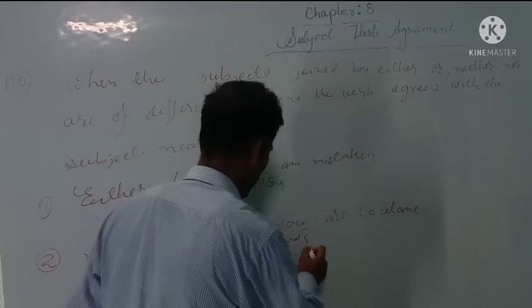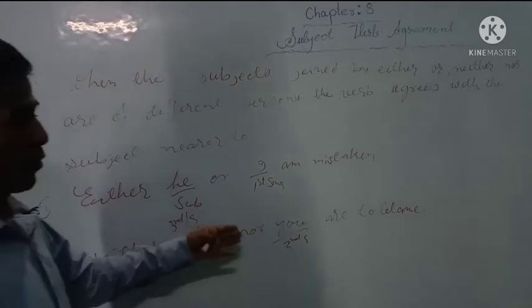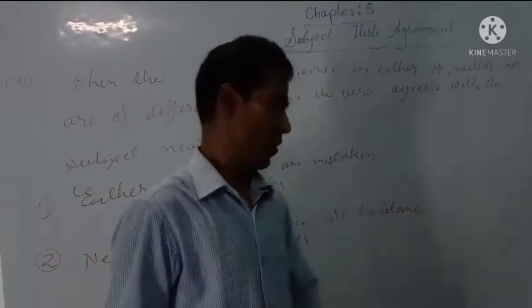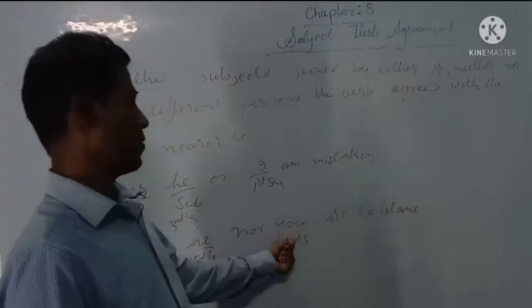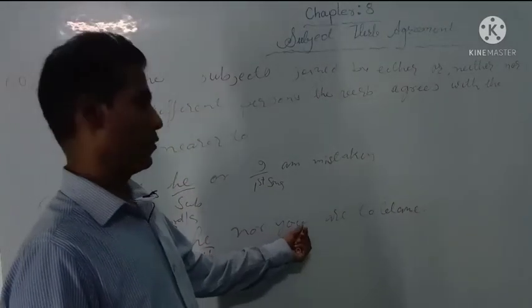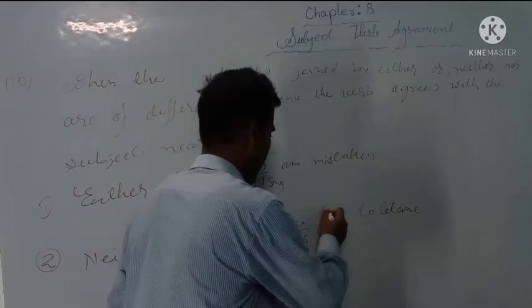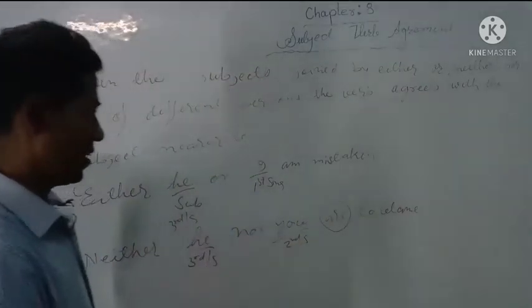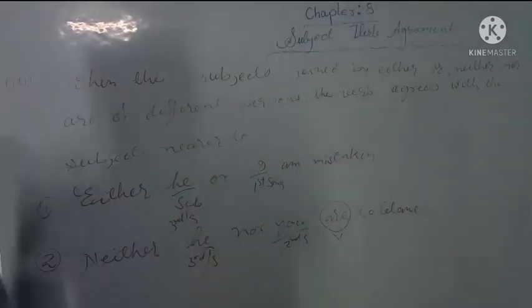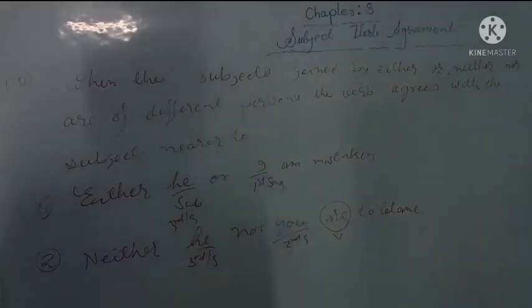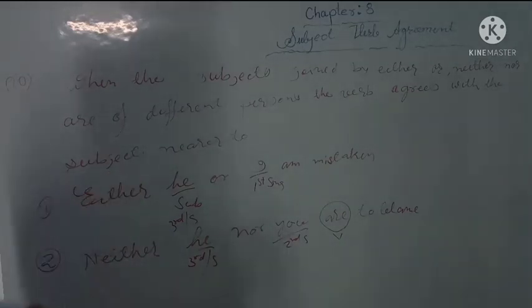Since the subject near to the verb is second person you, it has taken the verb are, not is. Are you getting me? So this is what we have got in rule number 10.